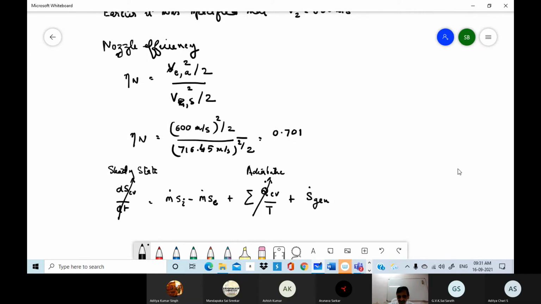Once we got that, using first law, we got what was the velocity. Earlier, we were given the velocity at exit. Using that, we could calculate what was enthalpy. So then we have to go back and see for that state what is the entropy.